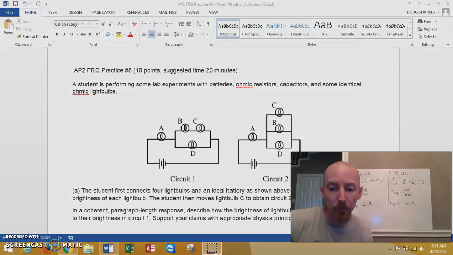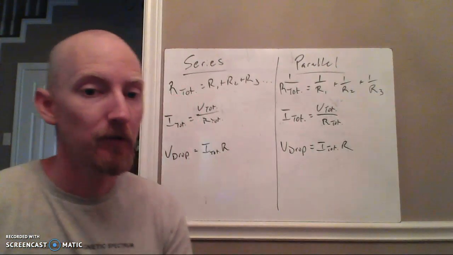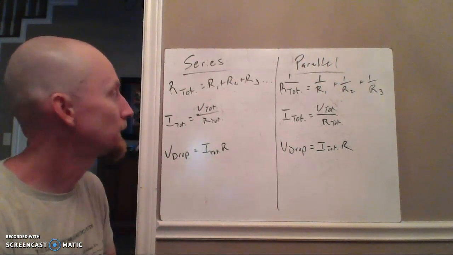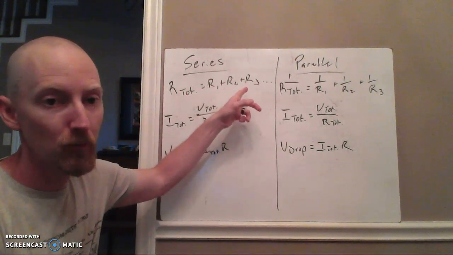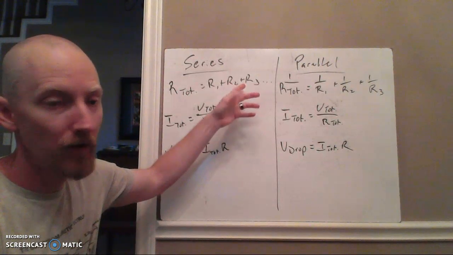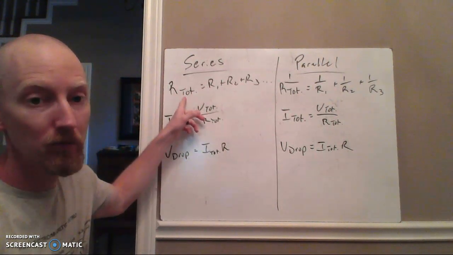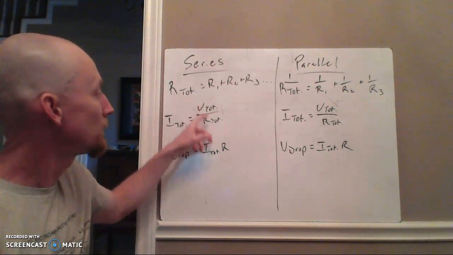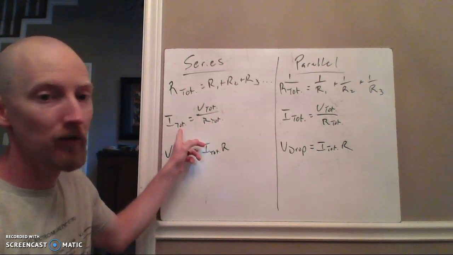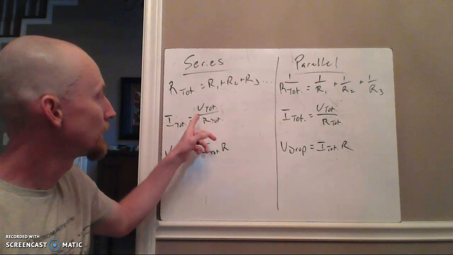Okay, make myself big for a second. So here's my board. In a series circuit, you just add up resistors or bulbs, whatever. So the more things you have in your circuit, the more total resistance you have. And if you have more R, you're going to have less current with the same amount of voltage.